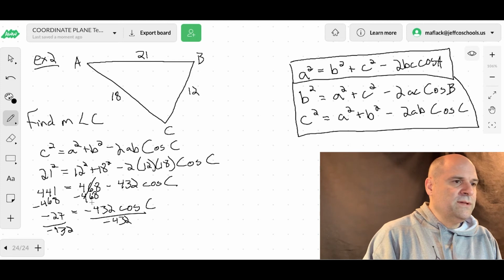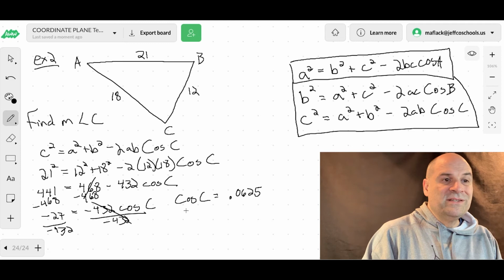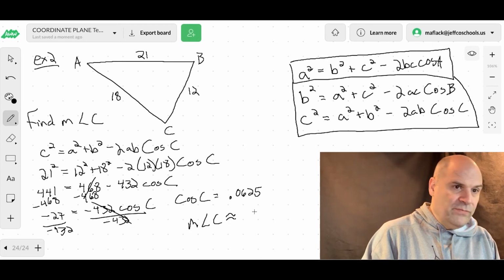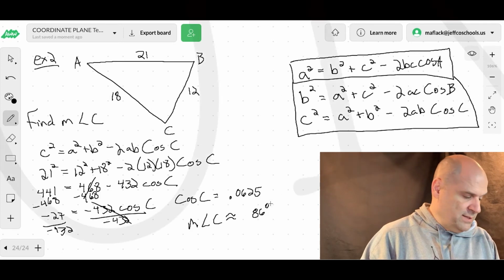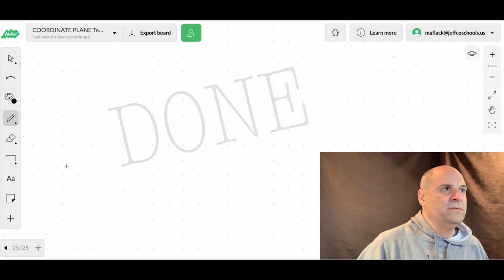That cancels, so the cosine of C equals 0.0625. Now I'm going to solve for C by applying the inverse cosine, and my measure of angle C is approximately 86 degrees. All right, so there's Example 2A.